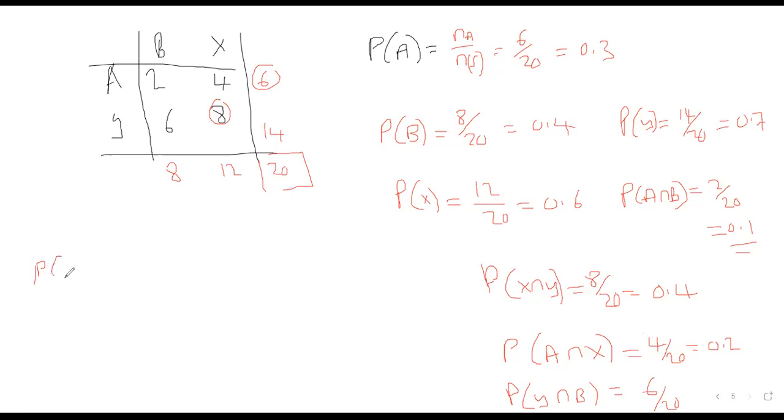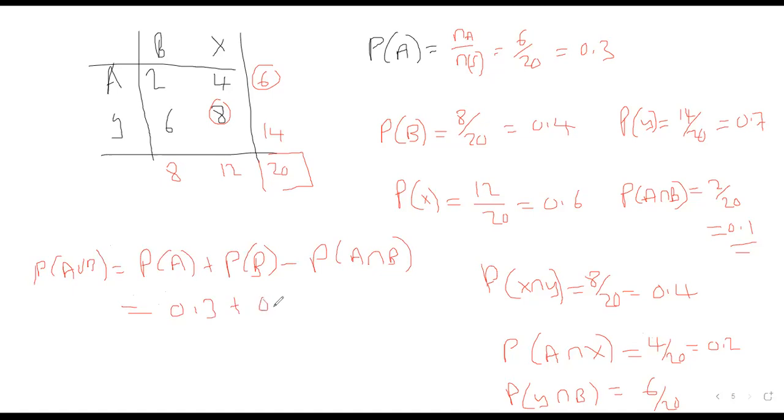How about A union B? Probability of A plus probability of B minus the probability of A intersection B. What do we get? Probability of A was what? 0.3.